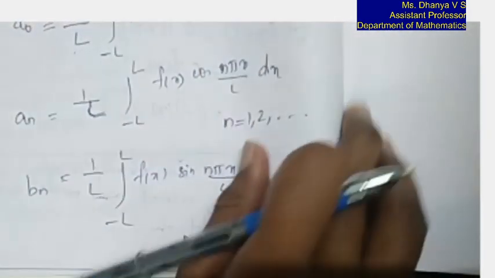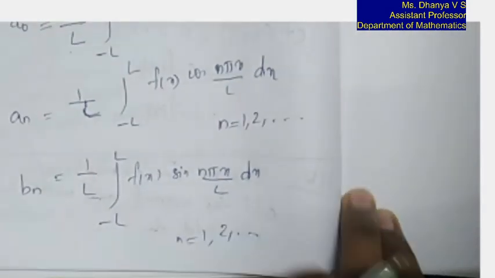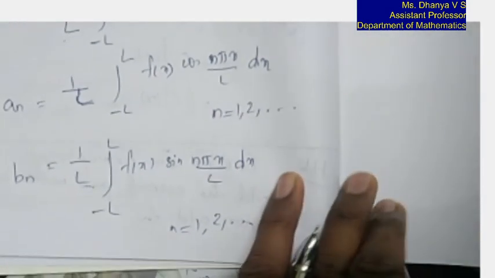The coefficients of the Fourier series are determined by the Euler formulae: a0 is 1 by L integral of f(x) dx, a_n is 1 by L integral of f(x) cos(n pi x/L) dx, and b_n is 1 by L integral of f(x) sin(n pi x/L) dx.